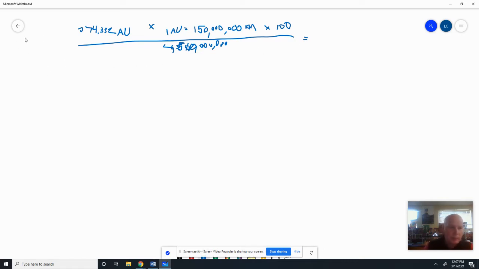All right. So that's for C. Let's look at D. D says the Milky Way galaxy is roughly 100,000 light years. That's the distance light travels in a year times 100,000. One light year is equal to 150 million kilometers.